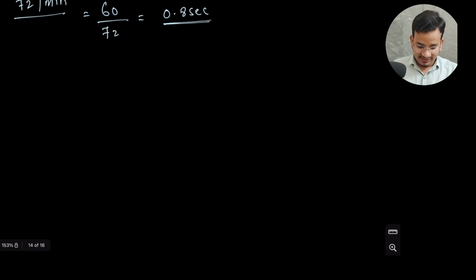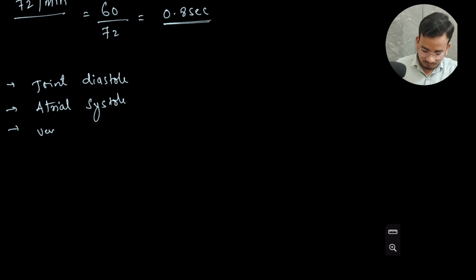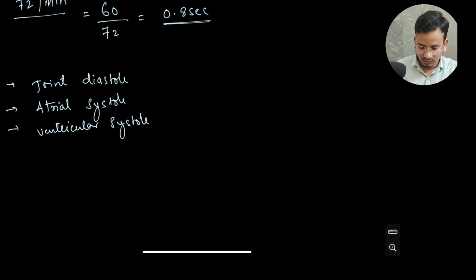Now you can see this cardiac cycle is divided into different events. First one is the joint diastole, next atrial systole, and third is ventricular systole.